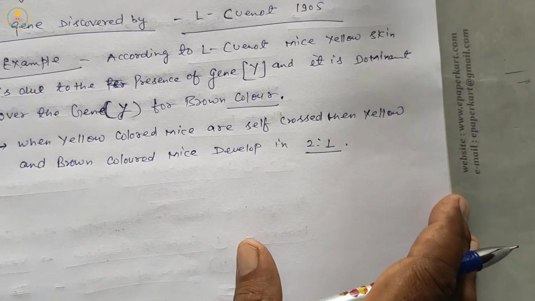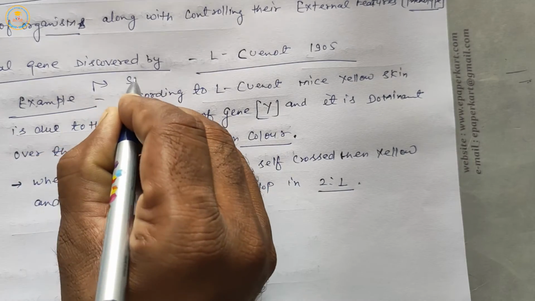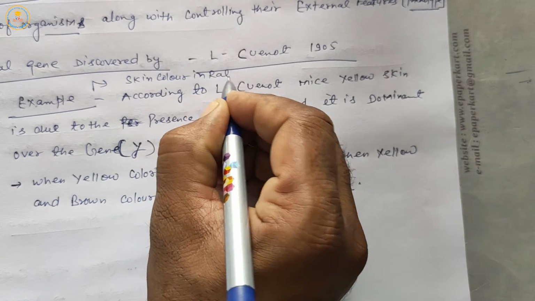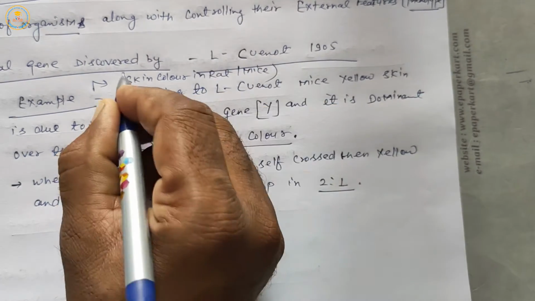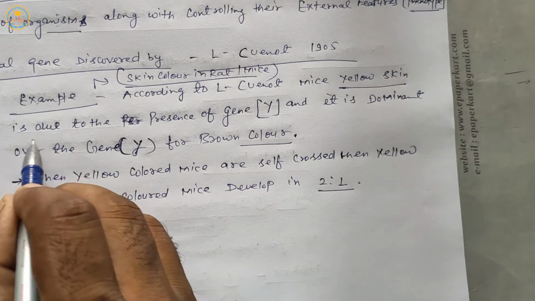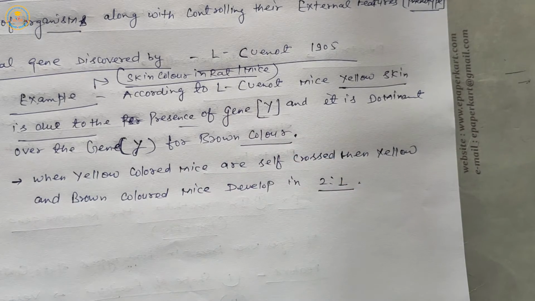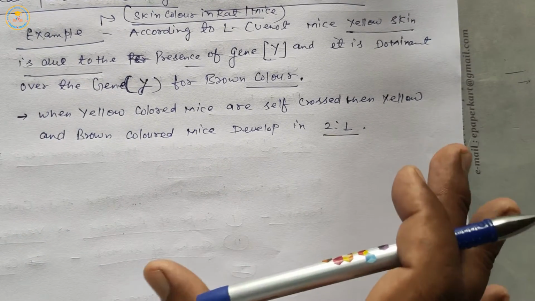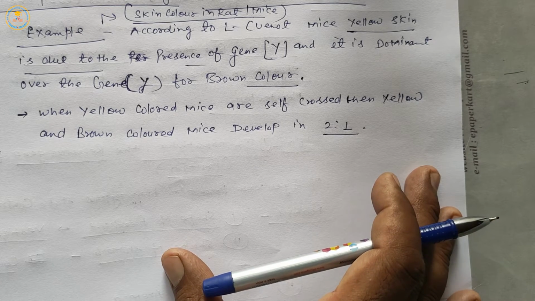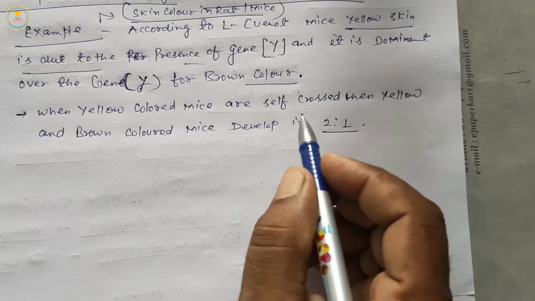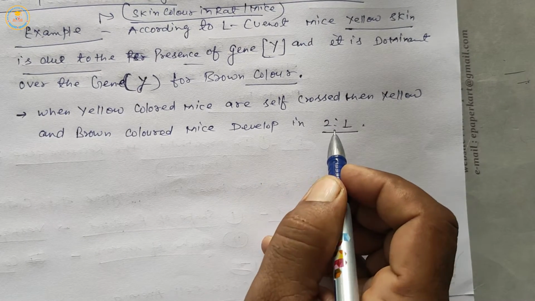Once again, the example is skin color in mice. According to Cuénot, yellow skin is due to capital Y gene, dominant over small y for brown color. When crossed, the ratio developed is 2:1.